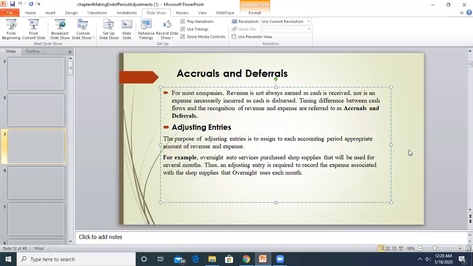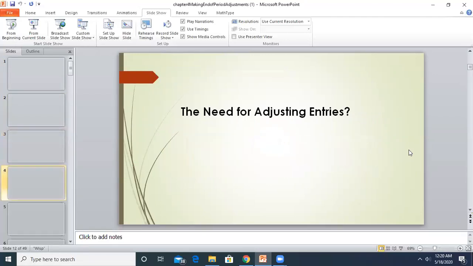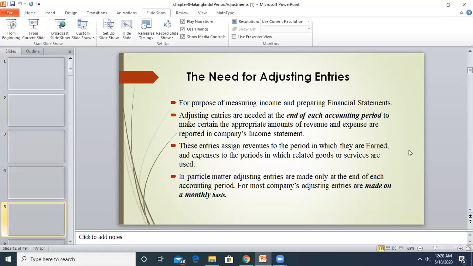Okay. So next is why there is a need. We have already discussed that at the end of each accounting period, we need to report appropriate amounts of revenue and expenses in the company's income statement, and these entries assign revenues to the period in which they are earned and expenses to the period in which the related goods or services are used.